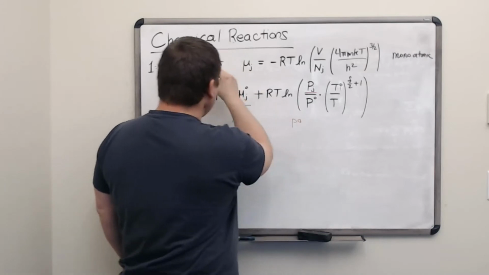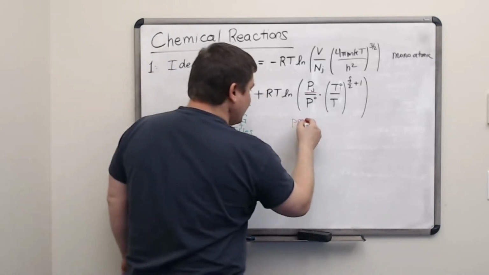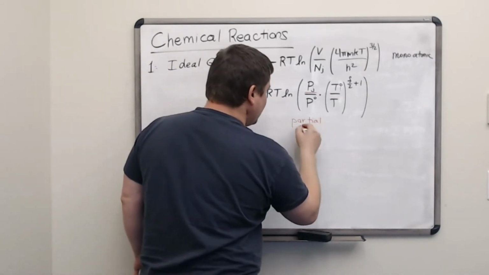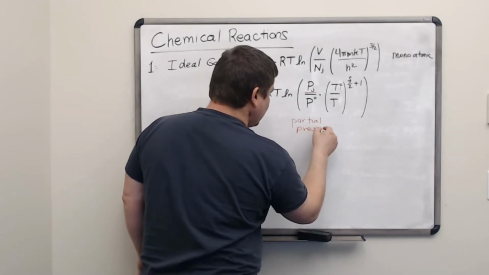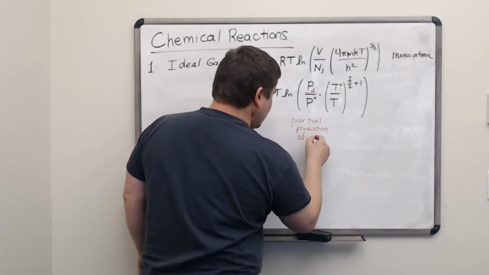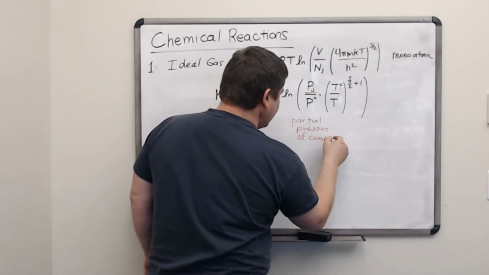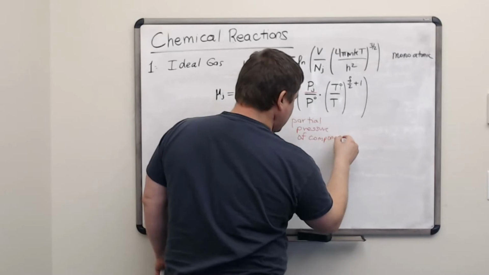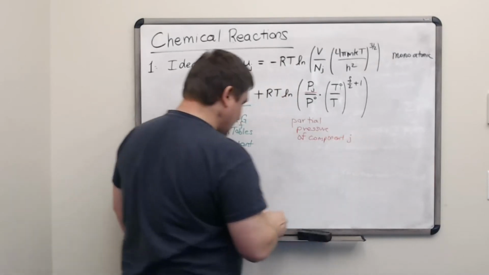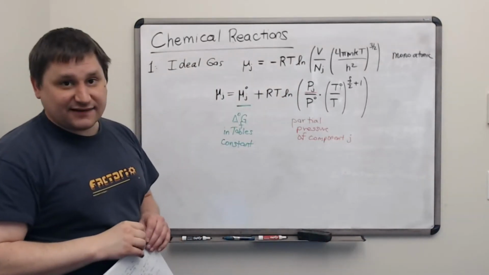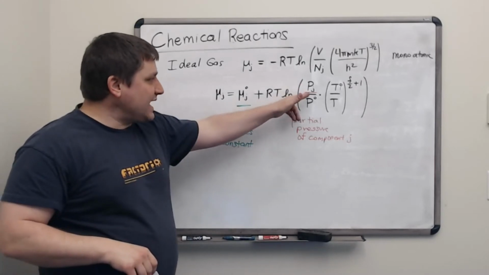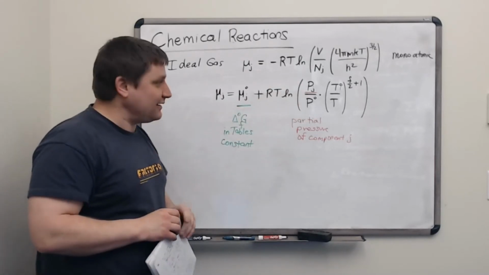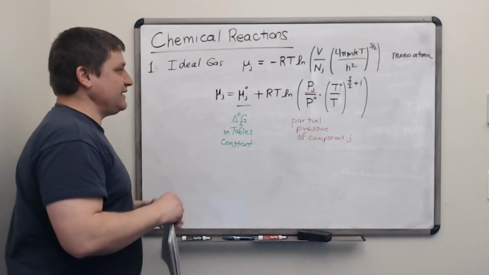Since we're only talking about one of the components here, this is the partial pressure of component J. So if your reaction involves a mixture of gases, then the Pj is different for each gas and independent based on how many there are.